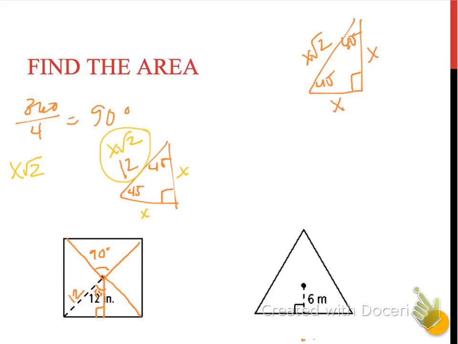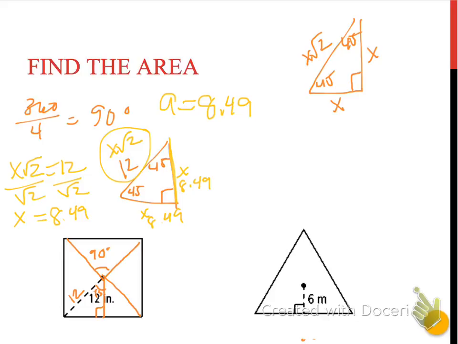So x square root of 2 equals 12. To get rid of it, we're going to divide by square root of 2. So x equals, I'm going to get the decimal for this, 8.49. That means both of these sides, because now x represents 8.49, are 8.49 and 8.49. So my apothem, because this is my perpendicular line, is 8.49.